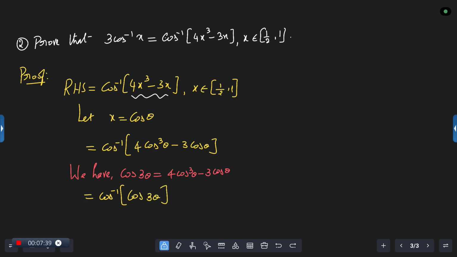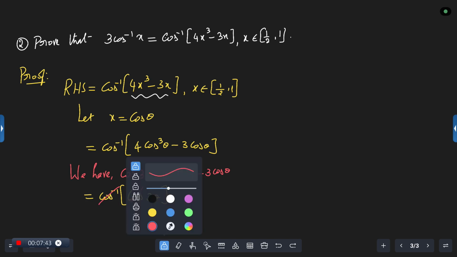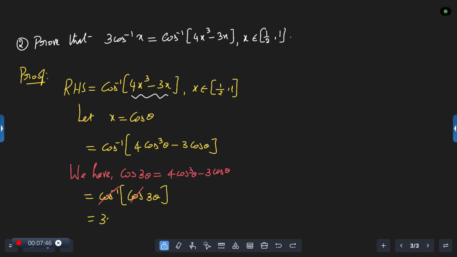Correct? So what is next? Cos inverse, cos cancel. What remains here is 3 theta. Now, we considered x as cos theta. I need the theta value, which means cos inverse of x.